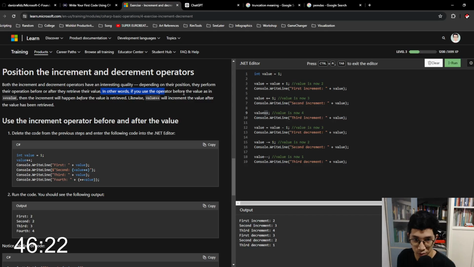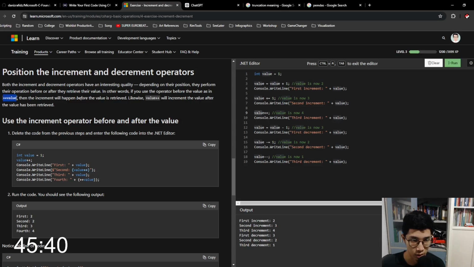If you use the operator before the value, like plus plus value, then the increment will happen before the value is retrieved. In the earlier lines the increment is after the value, but in this example the plus plus is right before the value.